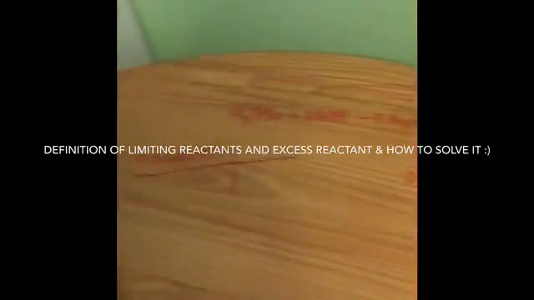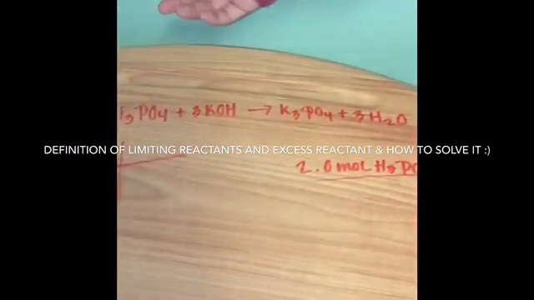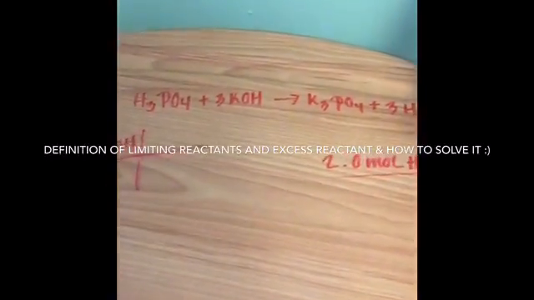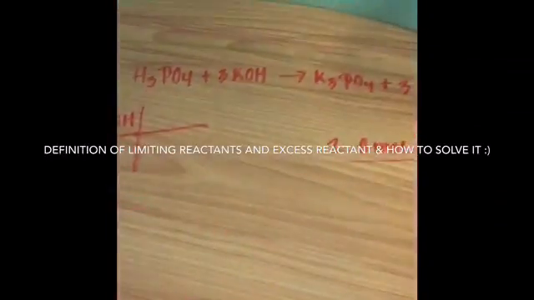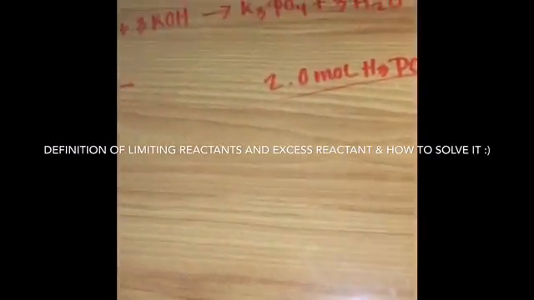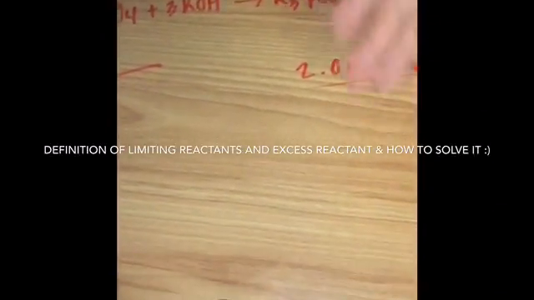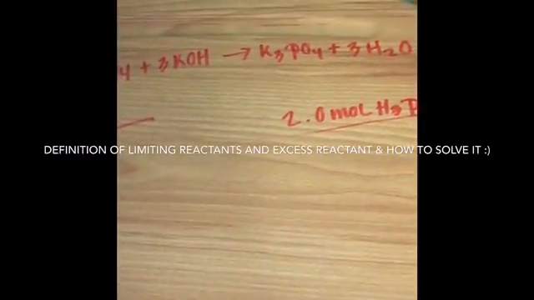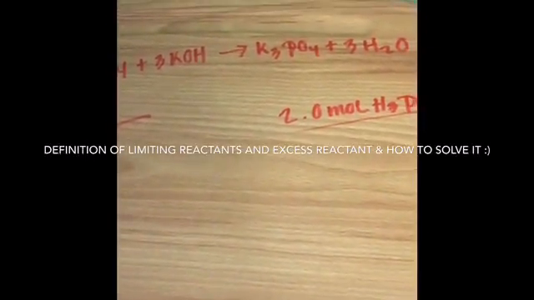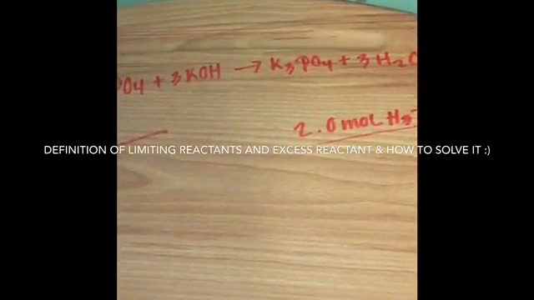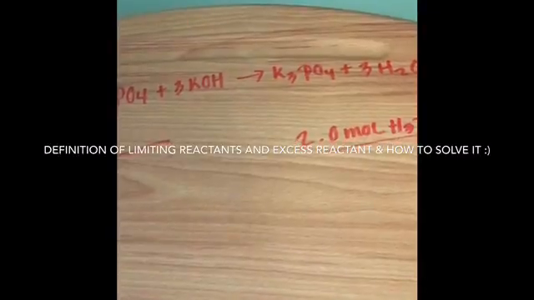So let's get through some steps. The first step is that you need to read the problem and make sure the equation is balanced. Then you have to convert your given amounts, whether they be in moles or in grams, into moles. A little side note: if the given amounts are already in moles, you can skip this step.